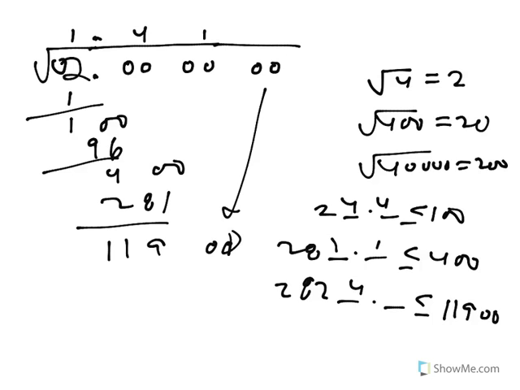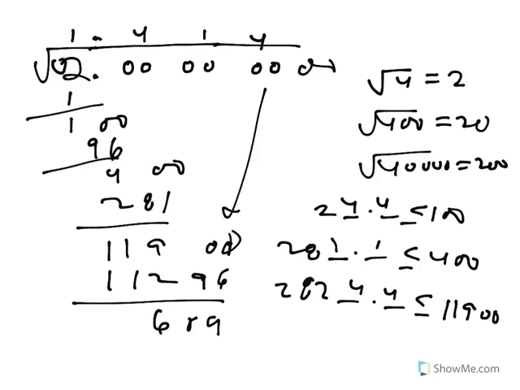Turns out that when you multiply 2824 by 4, you get 11,296, which I'm going to stop at this point, but we can keep going with this process and getting more and more digits. If I want more digits, I just add 2 more zeros, bring down the next 2 numbers, and continue on the process. So you can use this process to do square roots of irrational numbers as well.